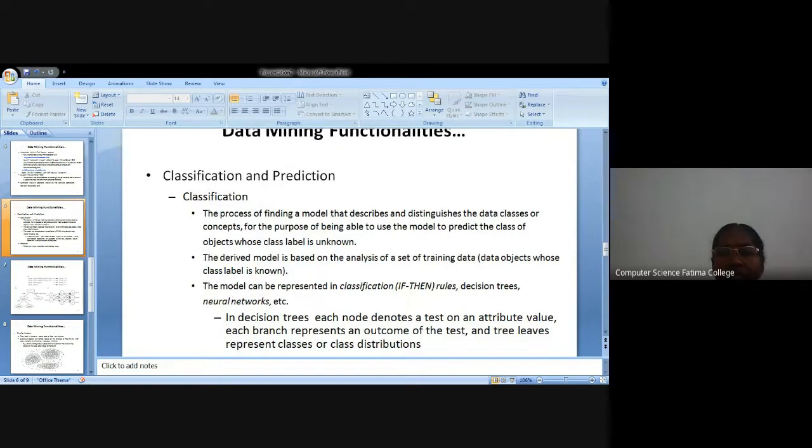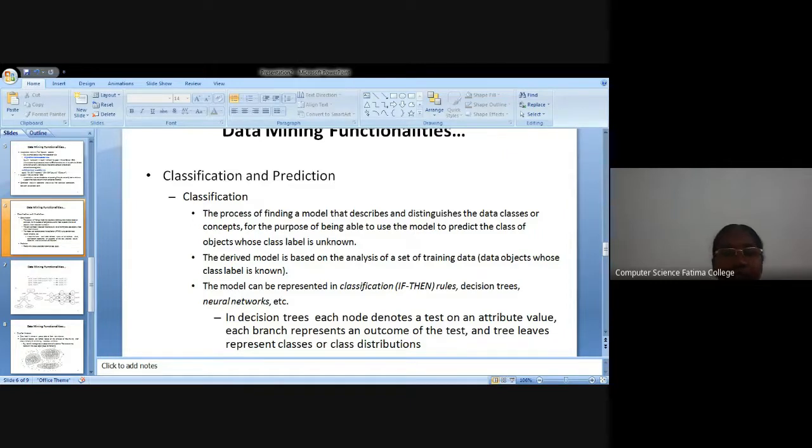In a decision tree, each node denotes a test on an attribute, each branch represents an outcome of the test, and the tree leaves represent the classes.